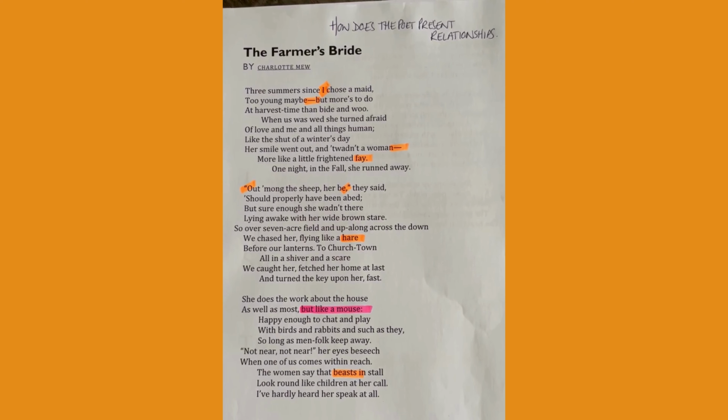And again, because it is in his voice and it is the farmer's bride, it suggests ownership. So again, we are looking at that inequality in relationship. But obviously linking that to the expectations of the time.